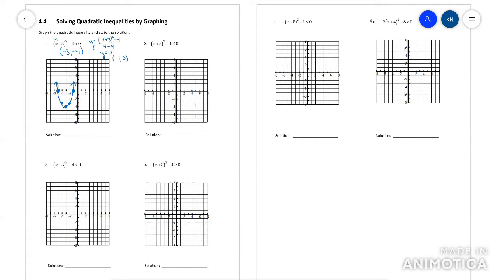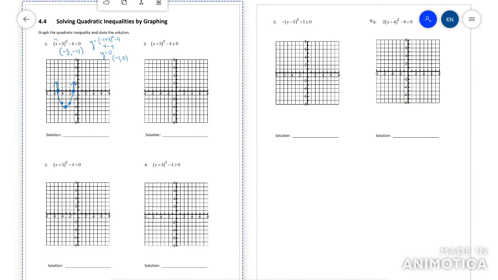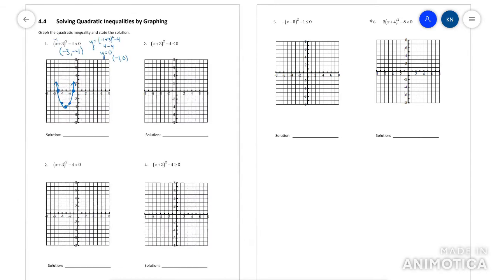All right. Now you have to go and actually answer the question. They're asking, where is it less than 0? That's where it is below the x-axis. So that's all of this section of line. This red is my answer, but you answer using x values.